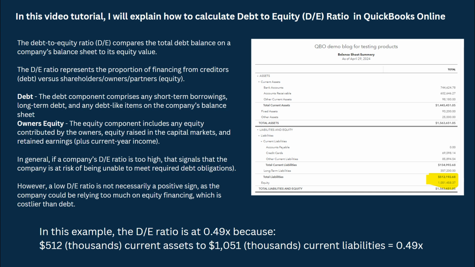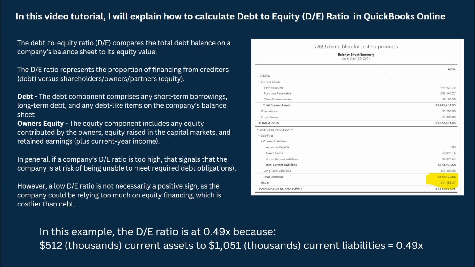So this represents the proportion of financing from credit, that is your debt, versus your owner's equity. The debt is, as I said, any short-term borrowings, long-term borrowings, and any debt you have on your company's balance sheet.